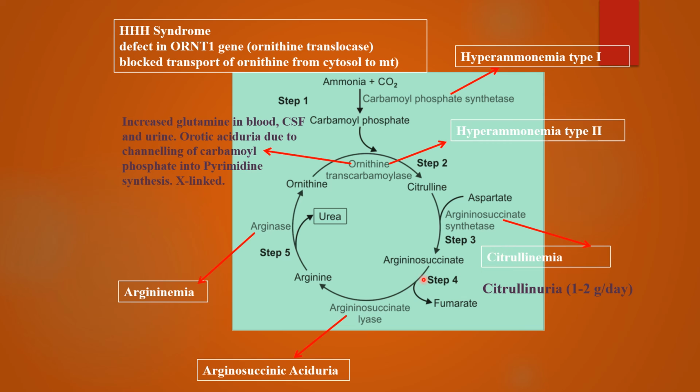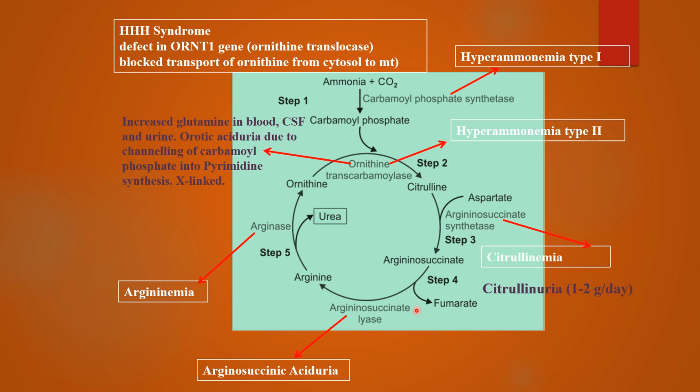The next type is due to the deficiency of argininosuccinate lyase. It leads to argininosuccinate aciduria, and therefore metabolic acidosis happens. Hyperammonemia is less severe, and argininosuccinate is elevated in CSF and is excreted in the urine.